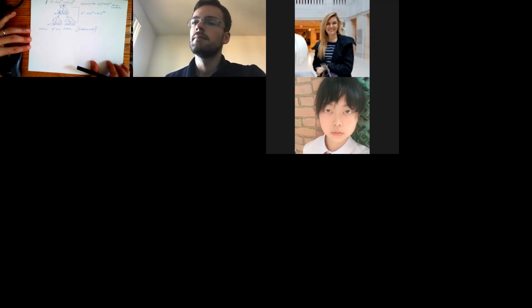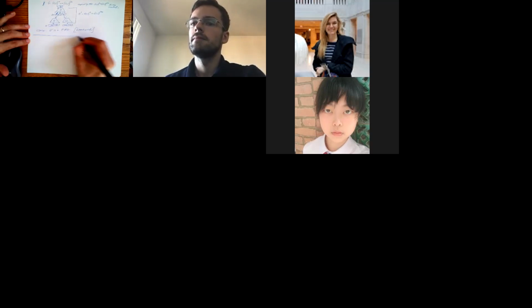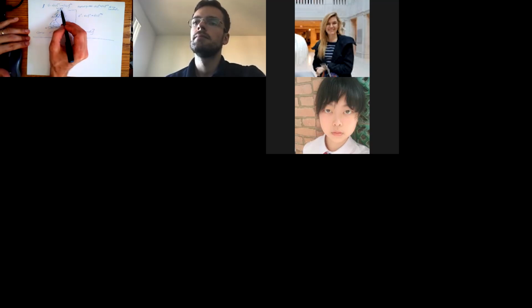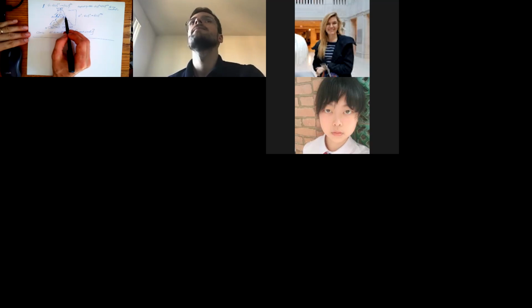Okay, but intuitively, why could this be secure? Because if this is a PRG, then on a random seed, this string is as good as if it was perfectly random.